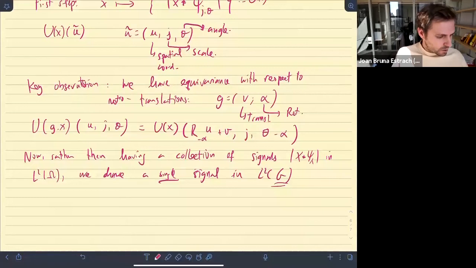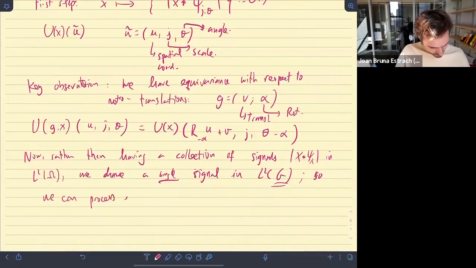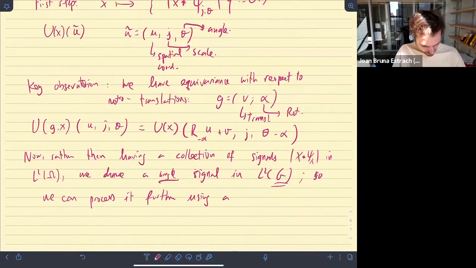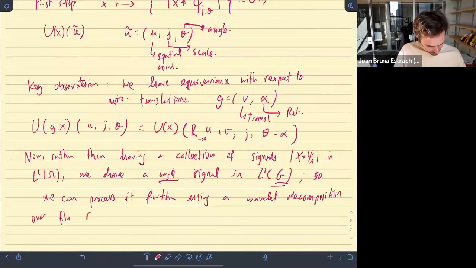And so we can then process it further using a wavelet decomposition, over the roto translation.